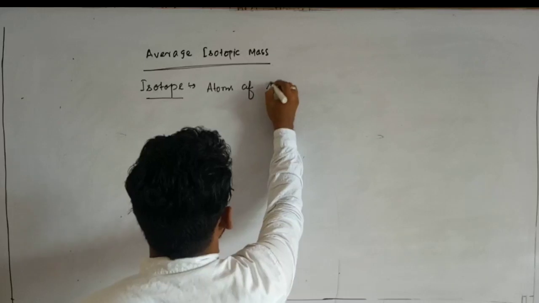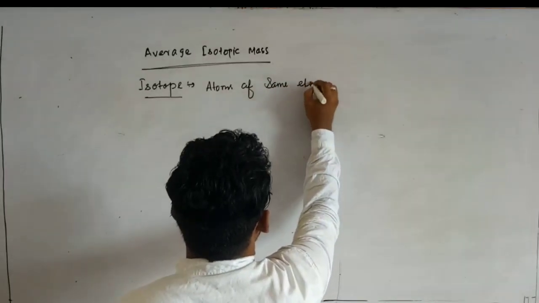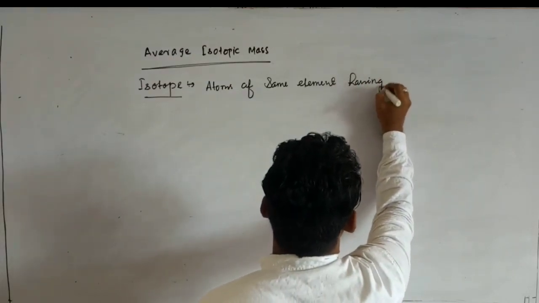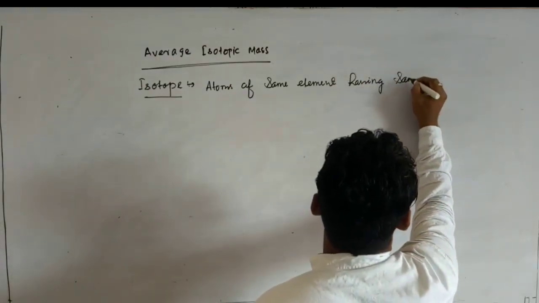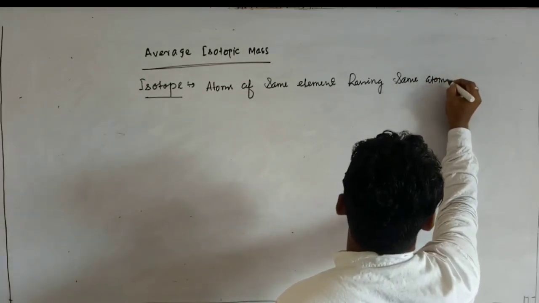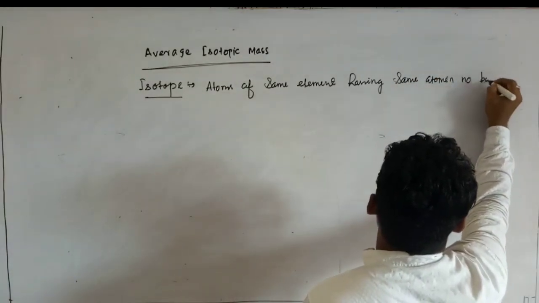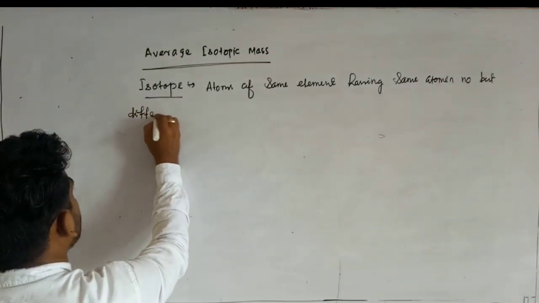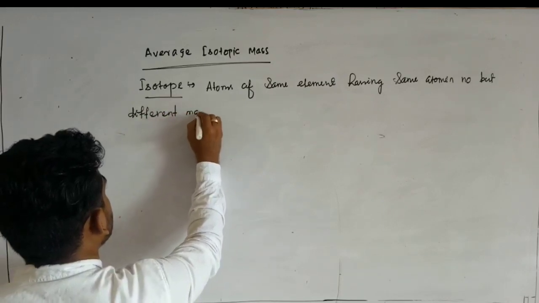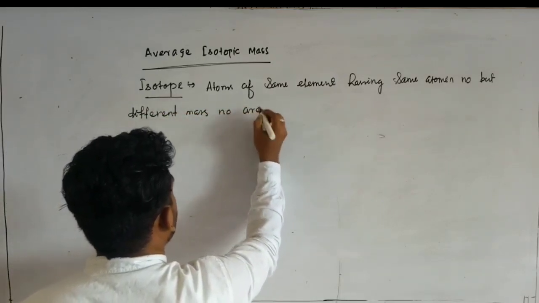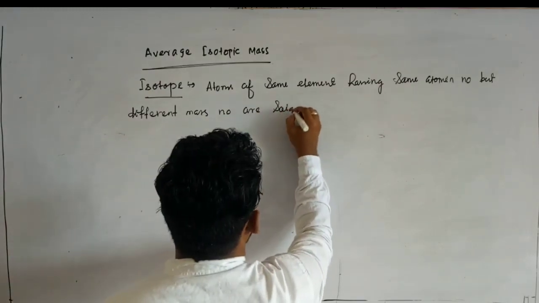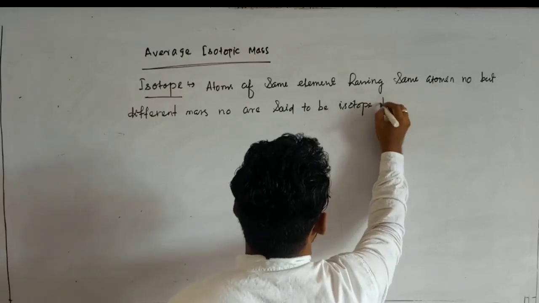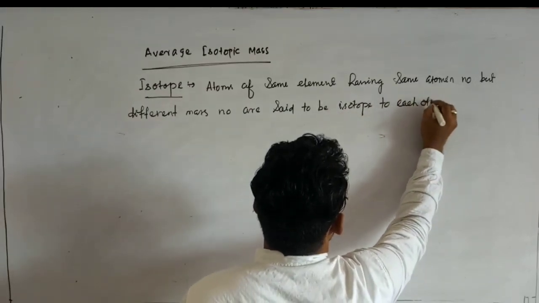Atoms of the same element having the same atomic number but different mass number are said to be isotopes of each other.